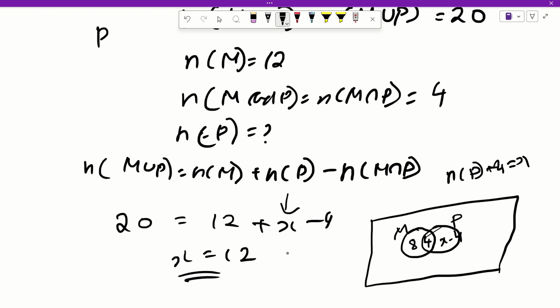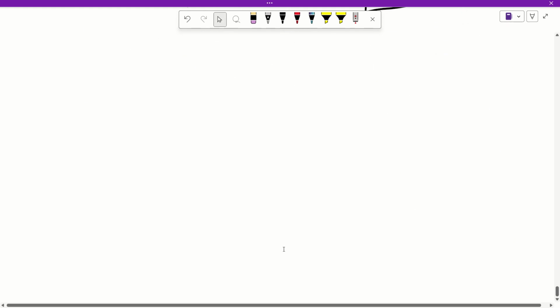As per the question, n of M union P is equal to 20. So we can write 8 plus 4 plus x minus 4 equal to 20. From that x will be found. Those who don't understand this can use the basic formula, or they can use the Venn diagram. The Venn diagram is most useful. This can be asked in the ATC exam.